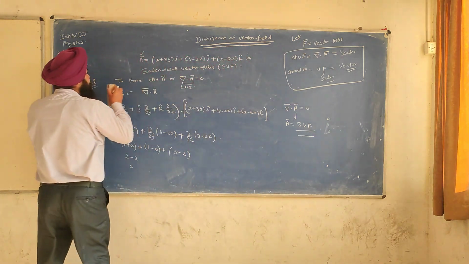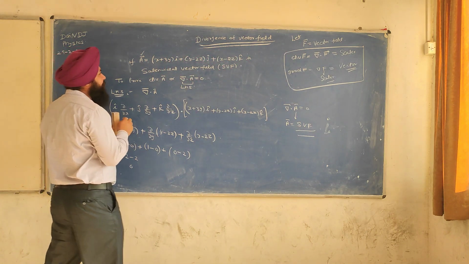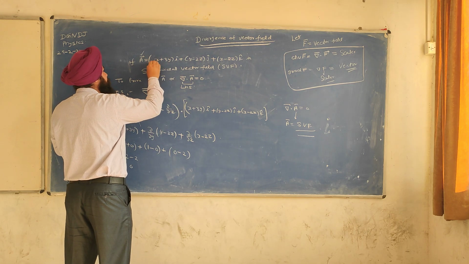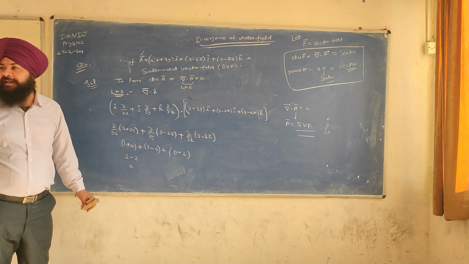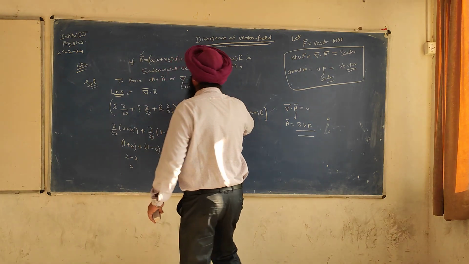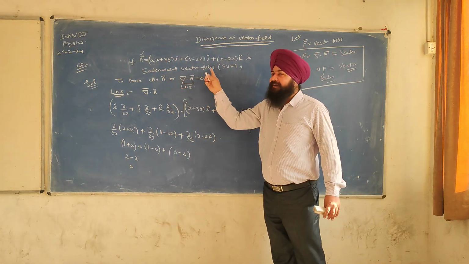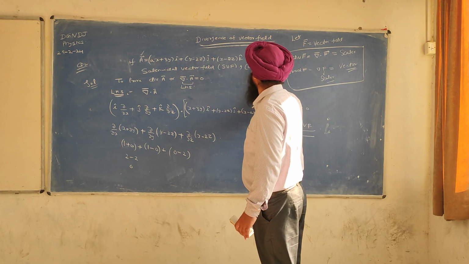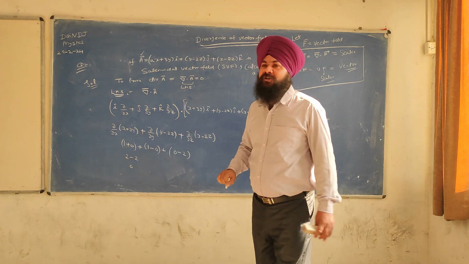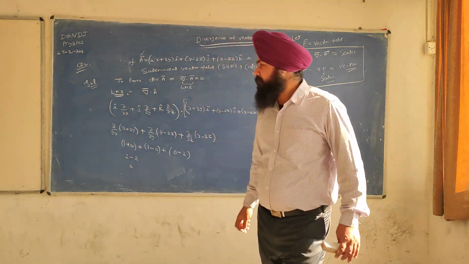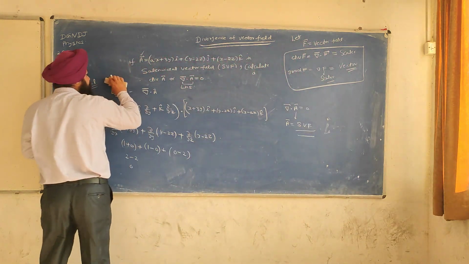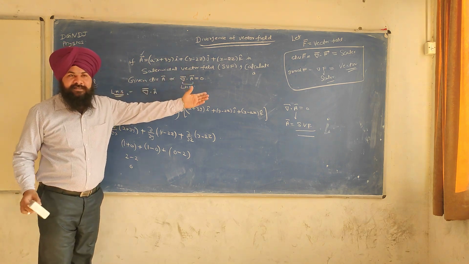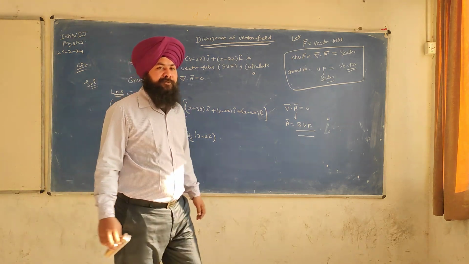So what we will do: if A vector is a solenoidal vector field, that is given, calculate the constant A. Now what is given? Del dot A is equal to 0 is given. Calculate it. Hurry up, do it first.